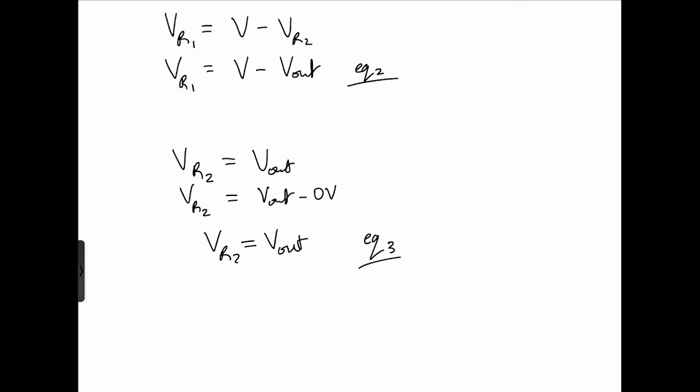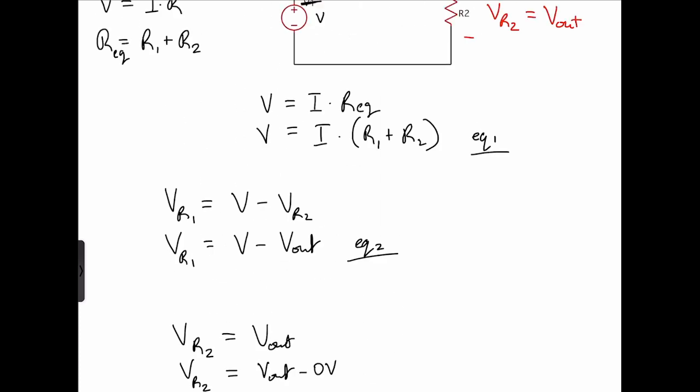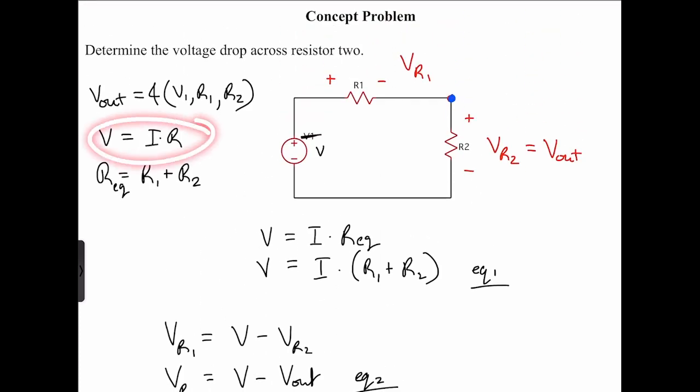So from here, we have 3 equations to choose from. We also know that V is equal to I times R. Thus, we choose 2 equations that contain the quantity of interest. And the quantity of interest is basically voltage across R2.